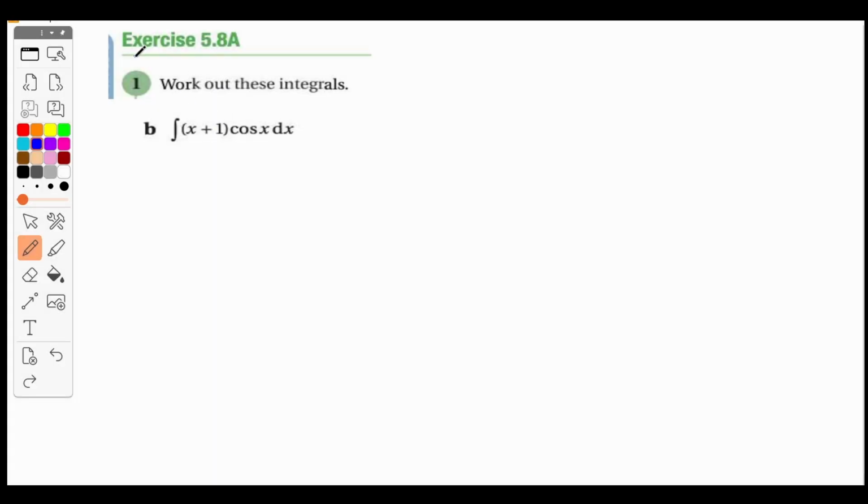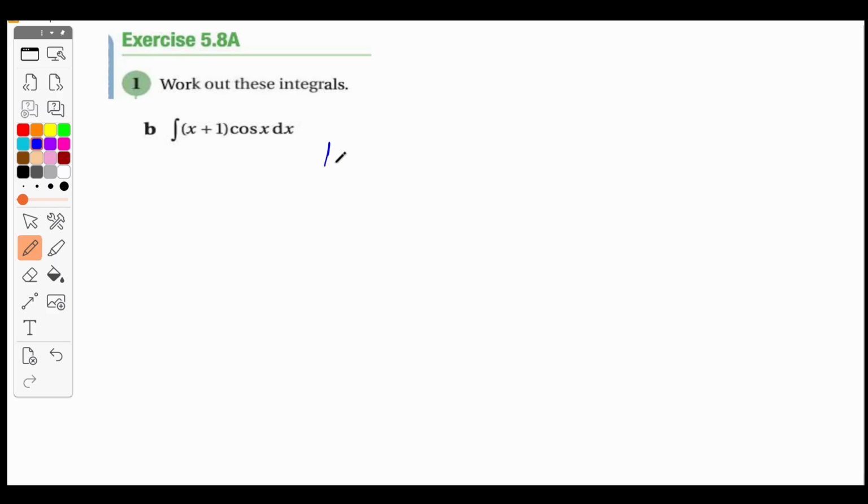The first question in exercise 5.8a. Okay, we need to integrate this one, the integral of (x plus 1) cosine x dx. Here the first part is algebraic, x plus 1. The second part is trig, cosine x dx. And as you know, the algebraic comes first in the word layers.